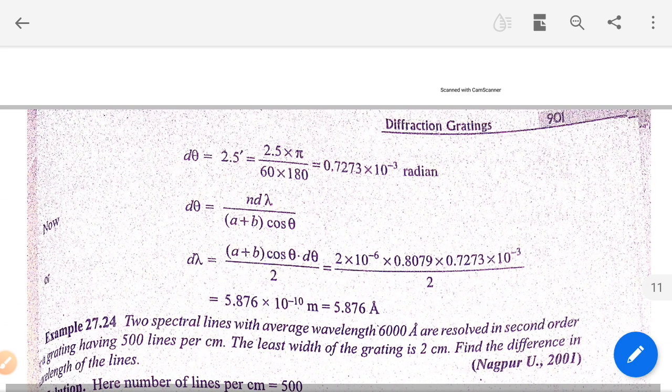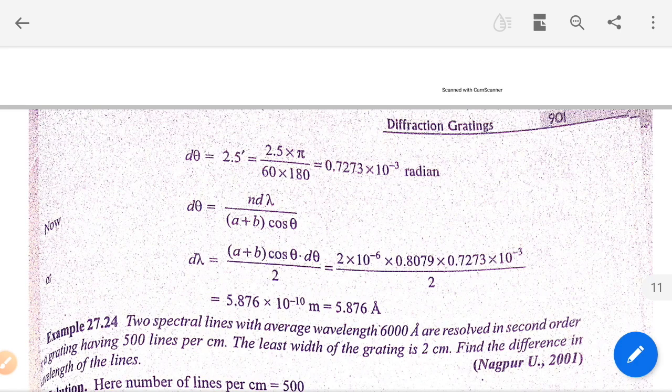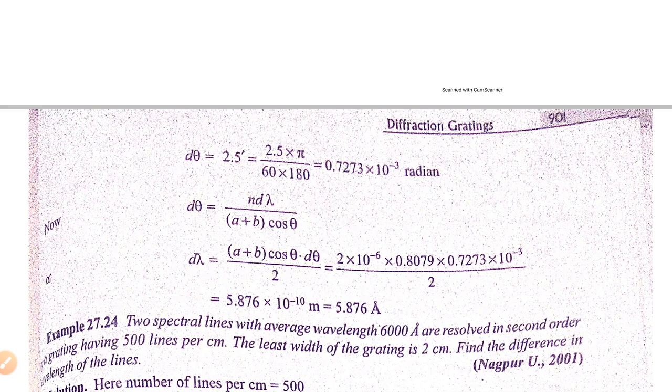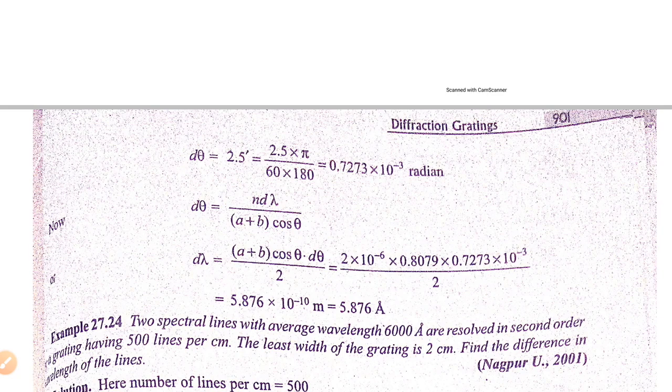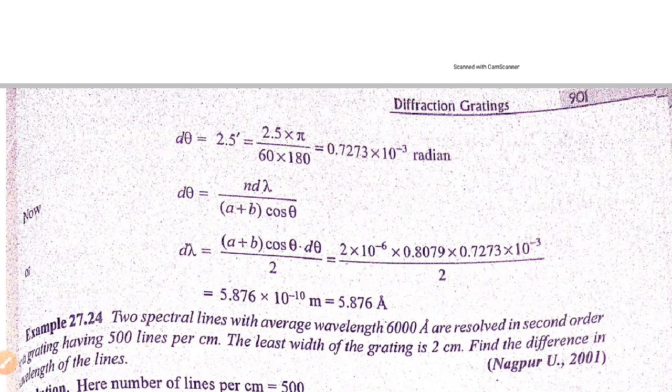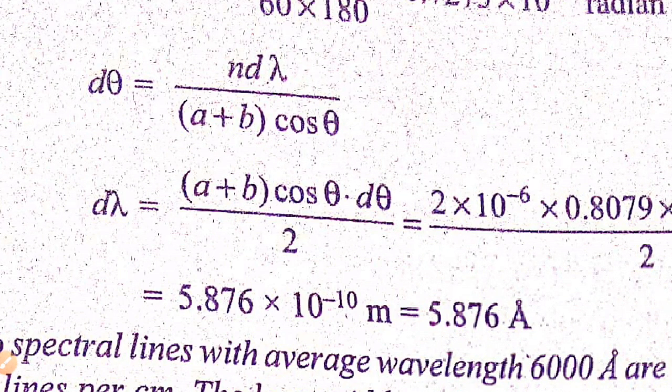Given d theta, the arc angle of 2.5 minutes, converted into radians, is 2.5 into pi divided by 60 into 180, which gives 0.7273 into 10 to the power of minus 3 radian. Put this in d theta by d lambda equals n by a plus b cos theta, so d lambda is equal to a plus b cos theta d theta divided by 2.